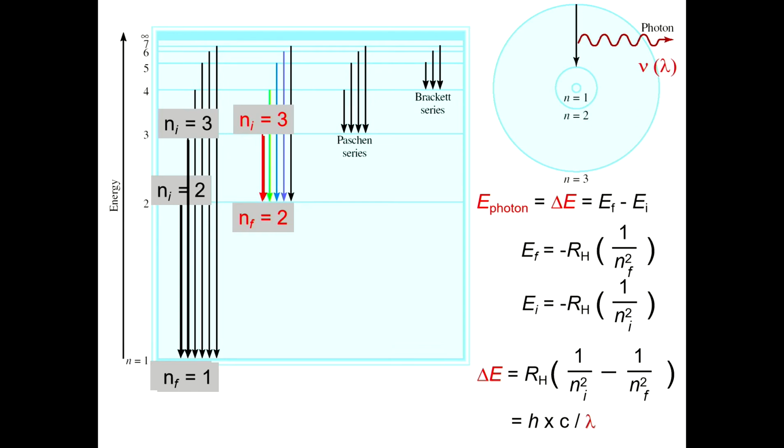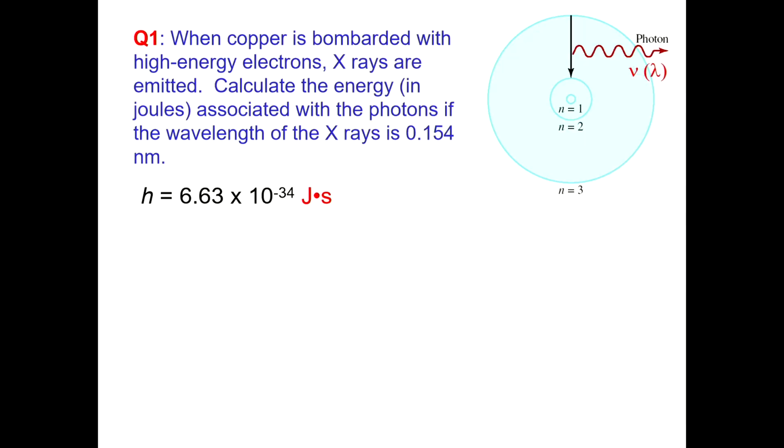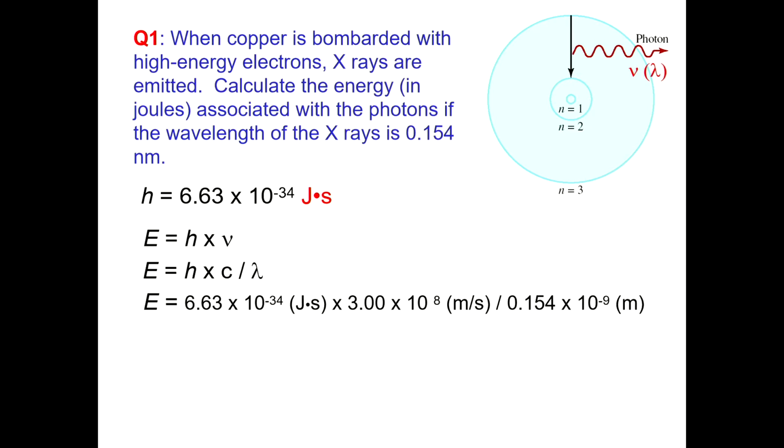E equals h times c divided by lambda. We directly use this equation to calculate the energy of the photons. We should know this, right? Anyway, c is the light speed, so we get this equation.